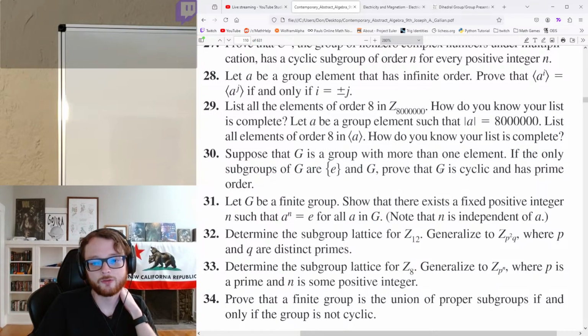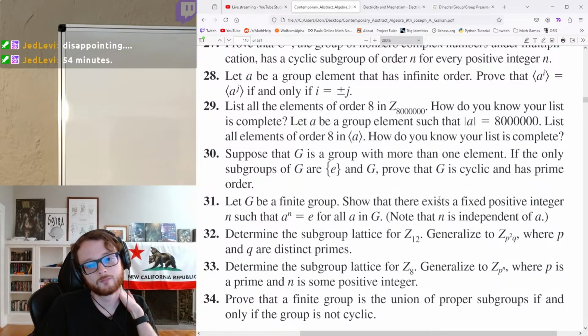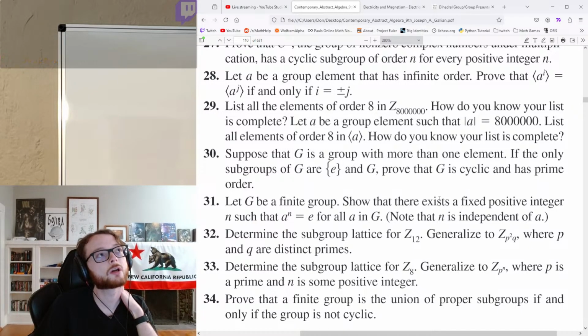Prove that G is not cyclic or does not have prime order. All right, I think that's how you would De Morgan that. So I guess we'd have to show a contradiction with each of the parts of the OR.